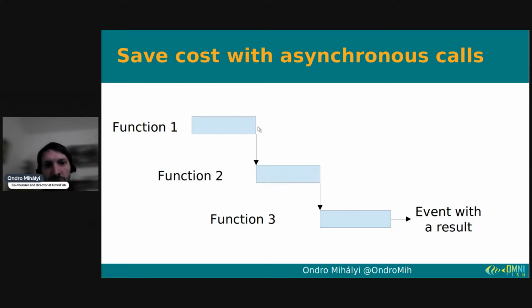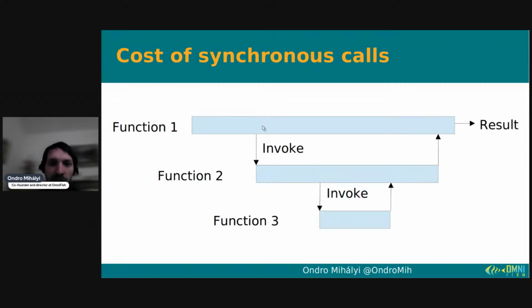If function 1 was started by an HTTP request, it's hard, because in that case, if you want to return the actual result in the HTTP response, you have to wait in some way or the other. You can maybe optimize function 2 and function 3 calls, but you have to wait until you have the result.